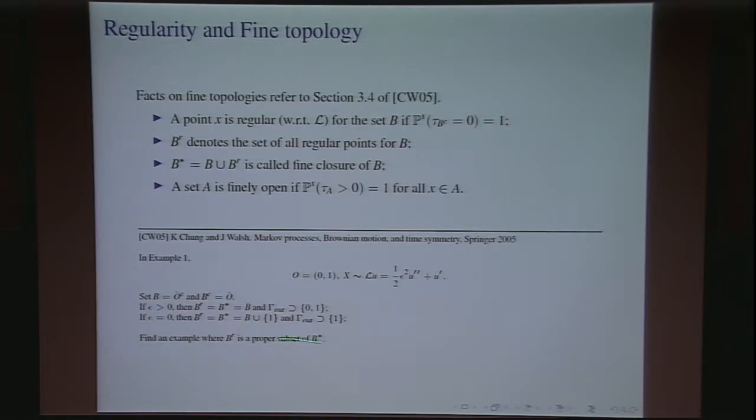Let's take the same example here. We have this as A, and what is B? B is here. B is the complement of O bar.